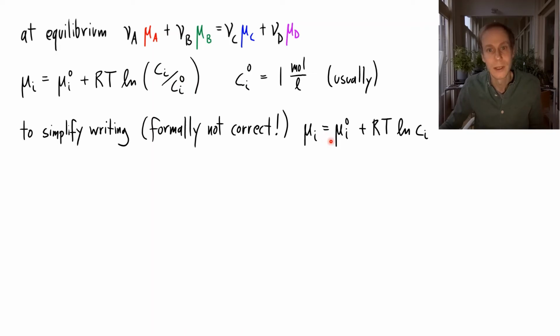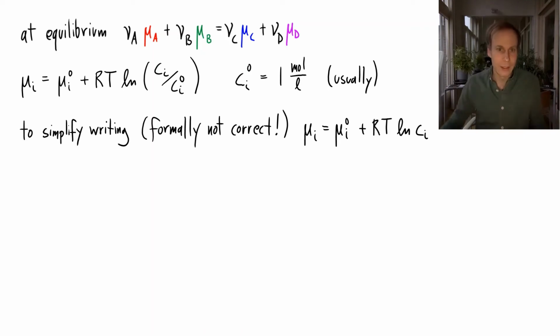As you see here, standard chemical potential plus RT times the logarithm of only the actual concentration. And why can I do this? Because the standard concentration is usually 1 mole per liter. If I plug in the concentration here in moles per liter, and then divide by 1 mole per liter, then the number doesn't change because I divide by 1.